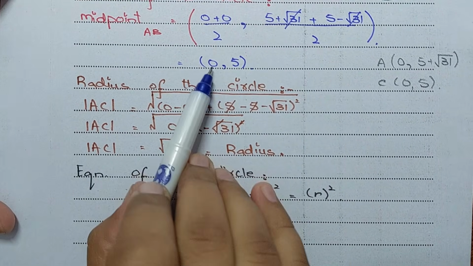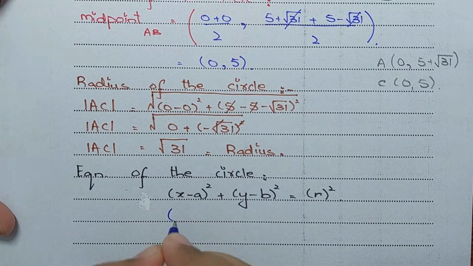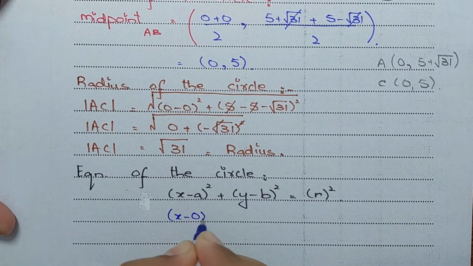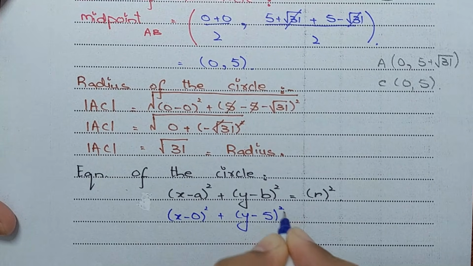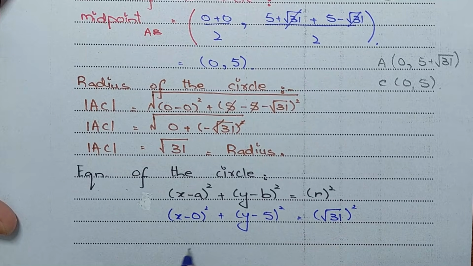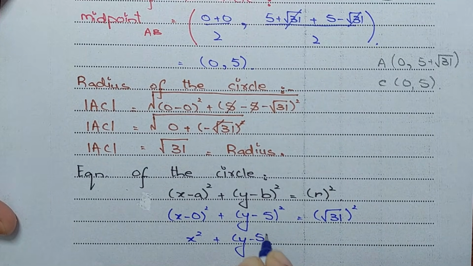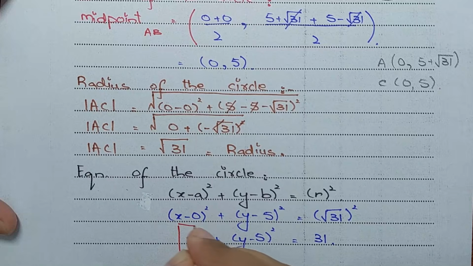Now a and b are the coordinates of the center and r is the radius, right? So x minus 0, plus y minus 5, equals the radius, root 31, squared. So the final answer is x squared plus y minus 5 whole squared equals 31. This is the equation of the circle with AB as a diameter.